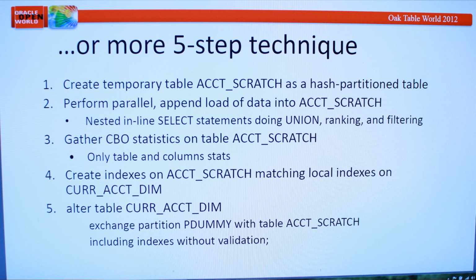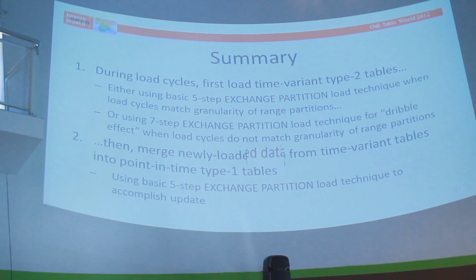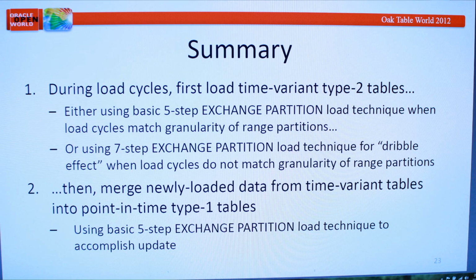Chances are that's not the case. Otherwise, you've got the dribble effect, you need to use the 7-step technique. Once you've loaded your time variant tables, then reload your type 1 static tables from that information. All of this can be done with insert, even though it's basically merge functionality. So it scales. It allows all the advanced features of Oracle for data warehousing, compression, bitmapped indexes, bitmap joins, star transformation. It's a wonderful thing.